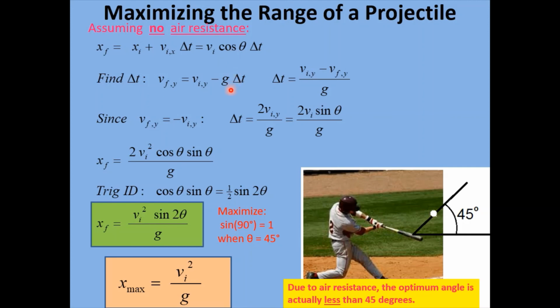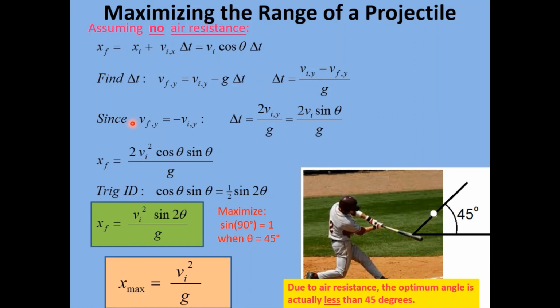And finally, we can divide by g. Doing the algebra steps, which I don't show, it's easy to show that delta t is just equal to v sub iy minus v sub fy, that's the initial velocity minus the final velocity in the y direction, all over g.